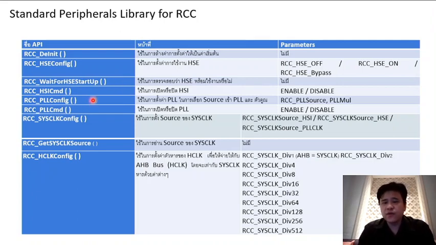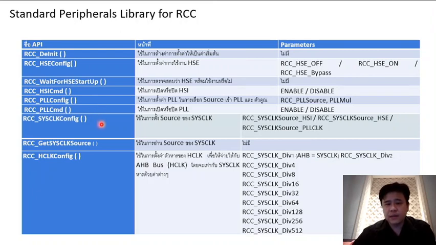This one is used to configure your PLL: you select the source of your PLL module, and also you set the value of multiplication for your PLL, such as multiply by 9, multiply by 6, multiply by 16, whatever your PLL can configure. Okay, then we have the PLL command here. This function is used to disable or enable your PLL.